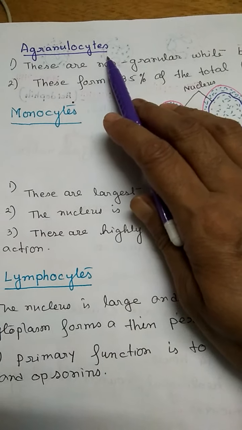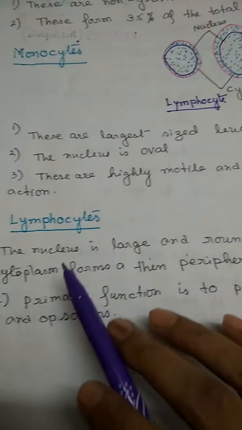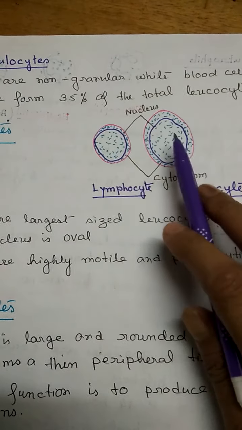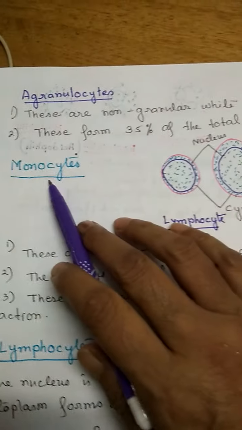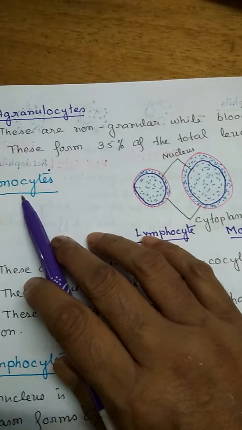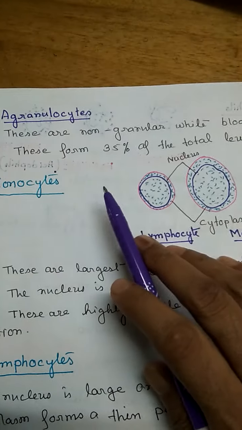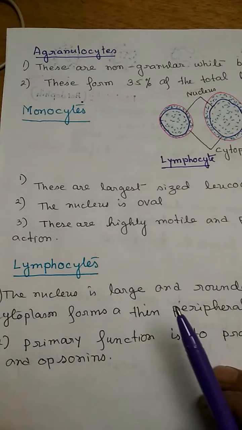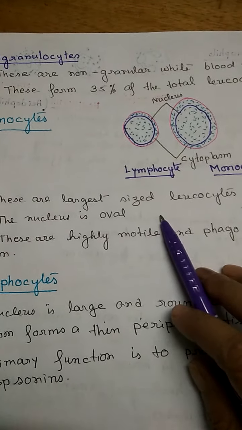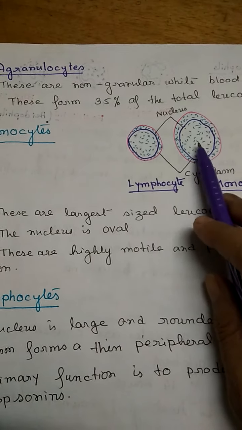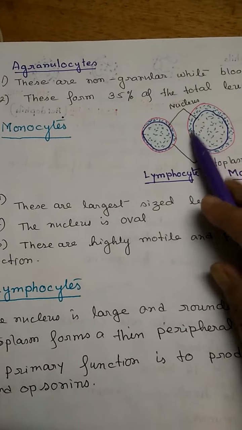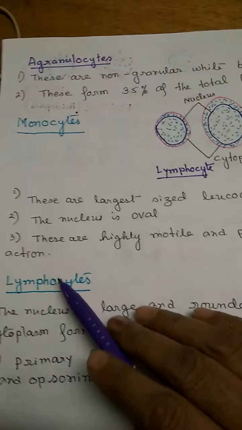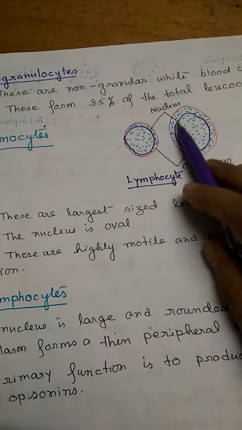These agranulocytes are of two types: monocytes and lymphocytes. So just see the structure. This one is lymphocytes and monocytes. What are the characters of the monocyte? These are non-granular white cells, and they form 35% of total leukocytes. These are larger in size than other leukocytes. This one is larger and the nucleus is oval shaped. These are highly motile and phagocytic in action. Phagocytic means they can move.